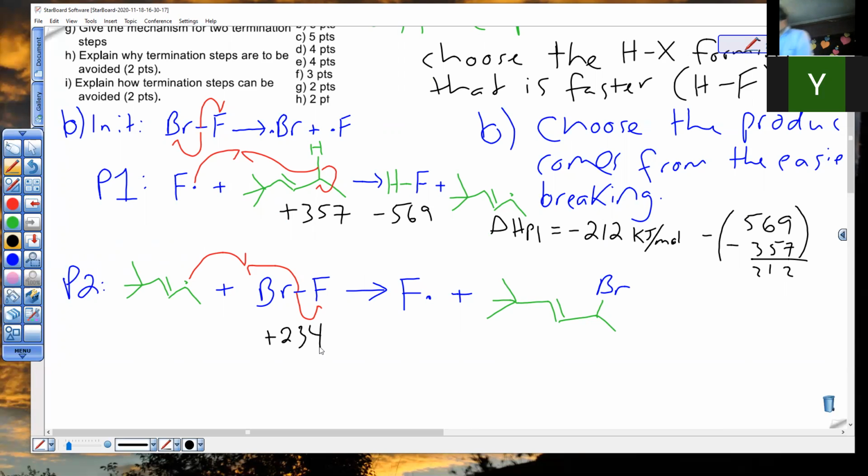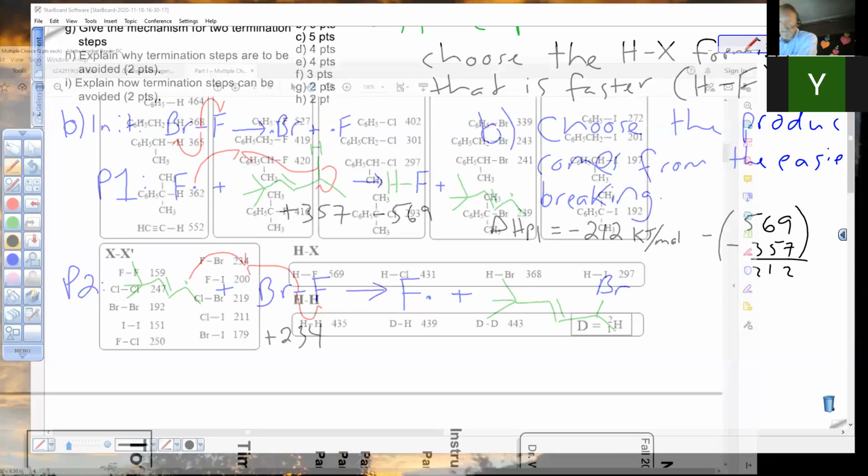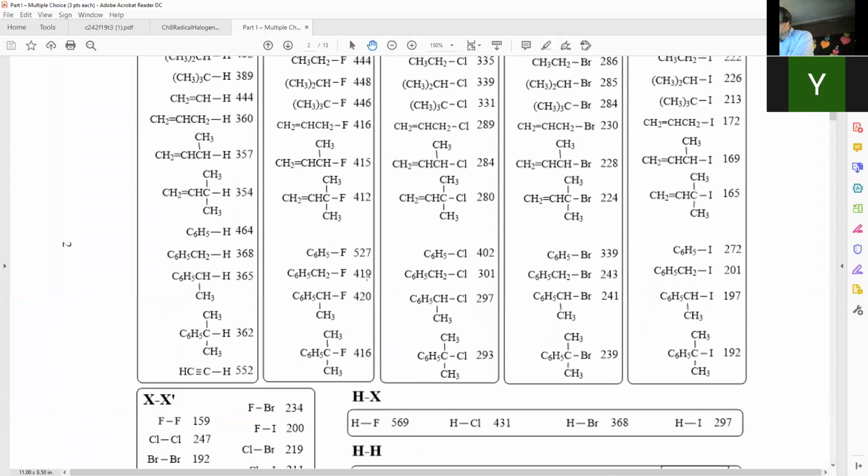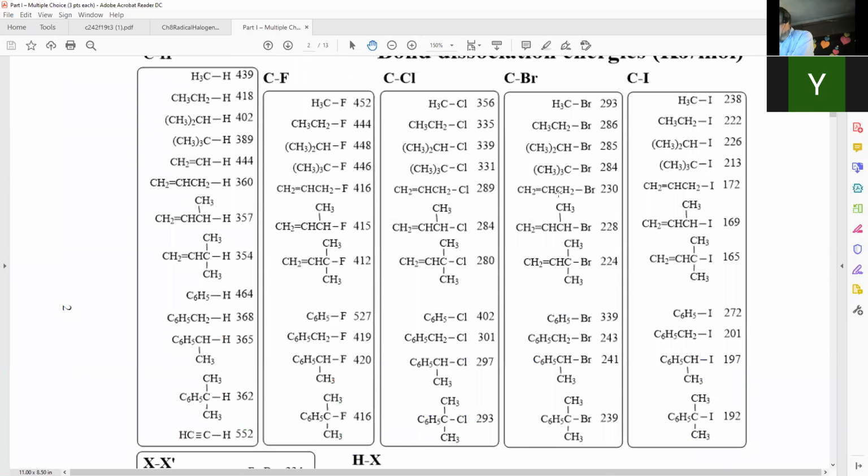You're making a secondary allylic bond. Why is it allylic? The carbon here is 1 away from an alkene, so it is allylic. Why is it secondary? The carbon here has 2 bonds to carbon. Making a secondary allylic C-Br bond is going to be exothermic. How much exothermic? The 3 allylics are primary, secondary, and tertiary.